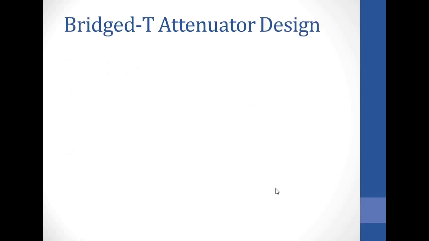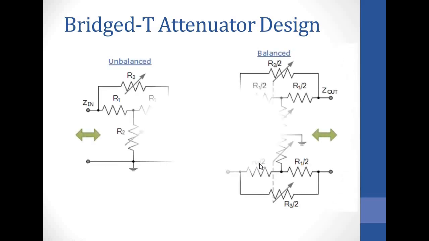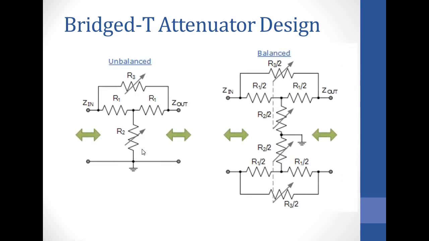So we also have what we call a bridged T-type attenuator. This is the T with the bridge resistor R3. This is the unbalanced bridged T-type. If you want to balance it, whatever you have here, you divide by 2 and connect it to the other series arm. Again, they are symmetrical.